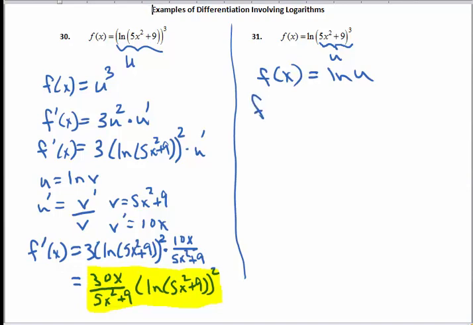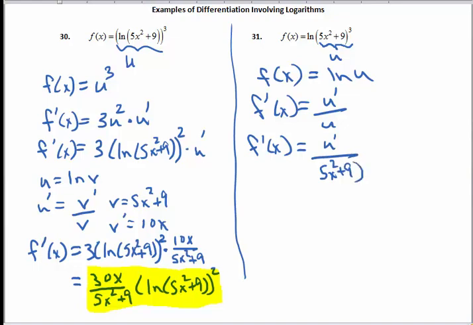So that means that f prime of x is going to be u prime over u. Okay, so it's going to be u prime, and we'll get to u prime in a second, over u, which I just said was 5x squared plus 9 raised to the third power.